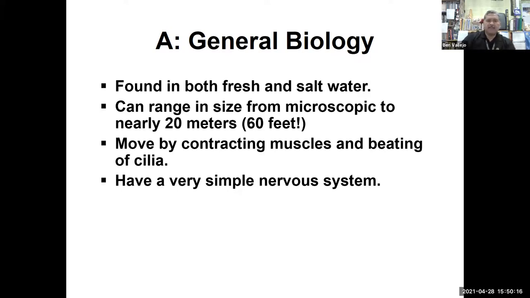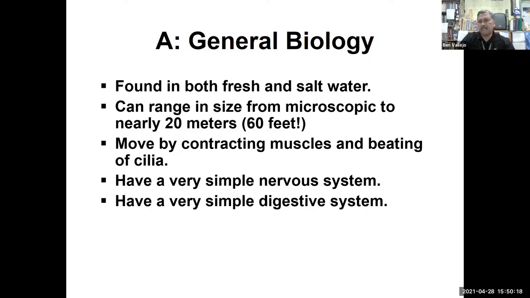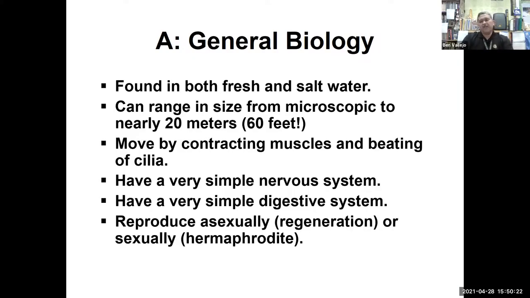They may have a very simple nervous system and a simple digestive system. Flatworms can also reproduce both asexually or sexually. Worms are hermaphroditic, that is also the term. Another term is monoecious, we saw earlier.